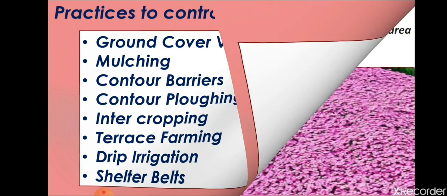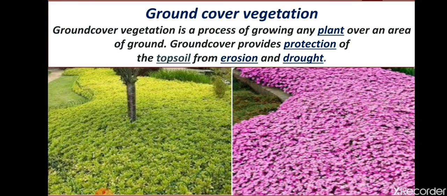If we talk about ground cover vegetation, it is clear by the name that we have to cover the whole ground by growing vegetation. Here vegetation means herbs or shrubs. Covering an area by growing herbs or shrubs that can spread in a particular area is known as ground cover vegetation.